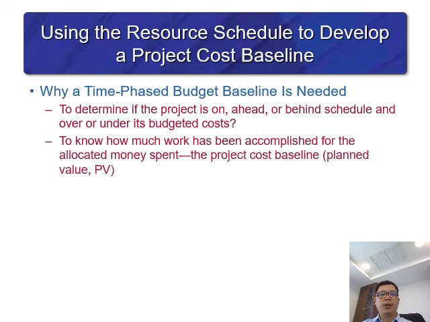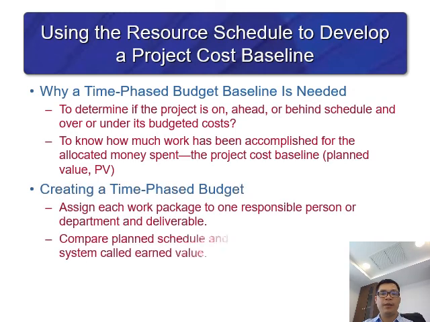Using the resource schedule, develop a project cost baseline. The cost baseline means that you set the cost based on the cost. Why do we do this? To determine if the project is on, ahead, or behind schedule, over or under budget, and to know how much work has been accomplished against the money spent and the project cost baseline, and we can do the PV, plan value.